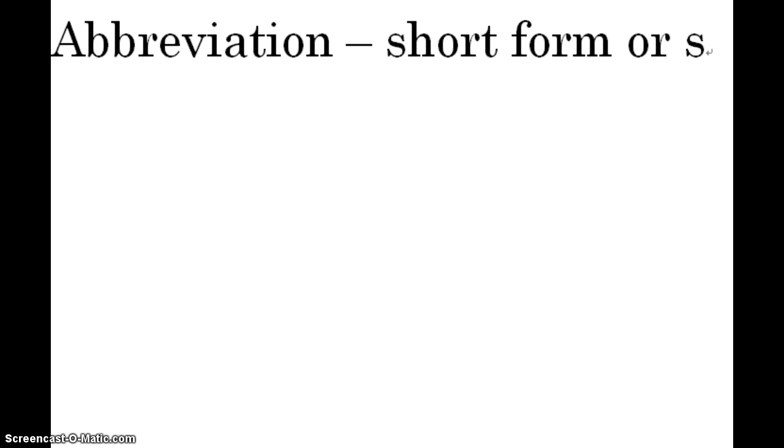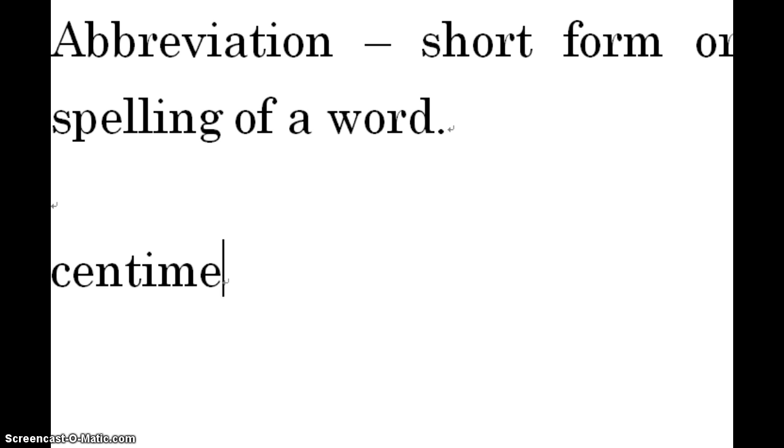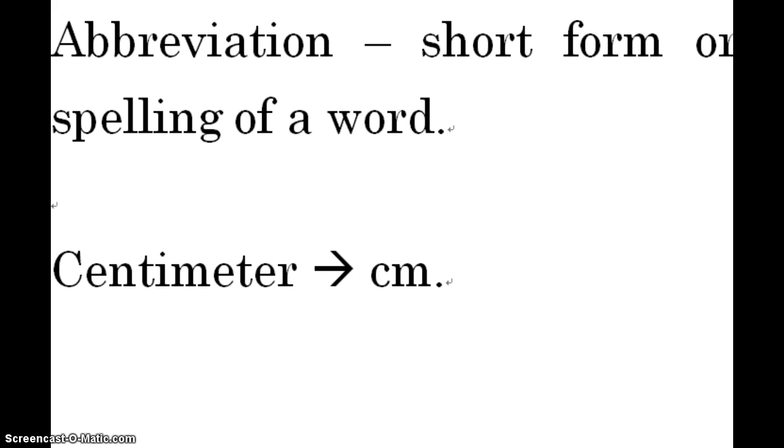Okay, let me just type that here. Short form or spelling of a word. For example, instead of spelling centimeter like this, we can spell it cm with a period.